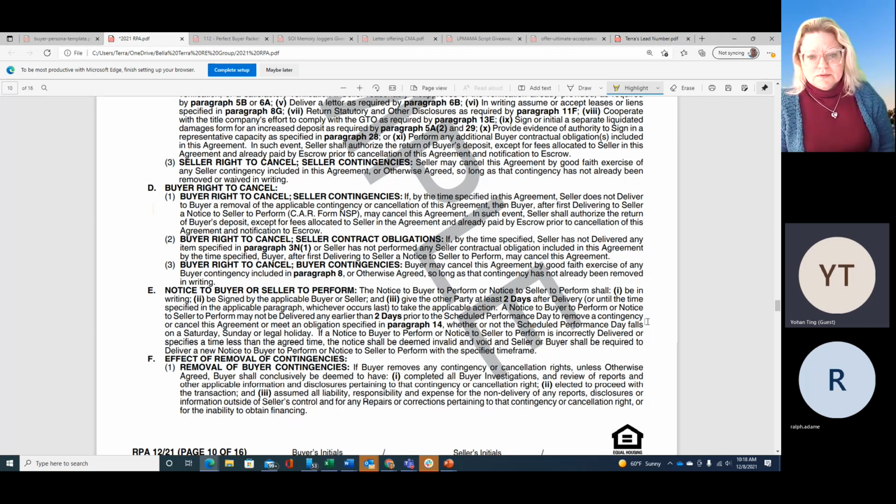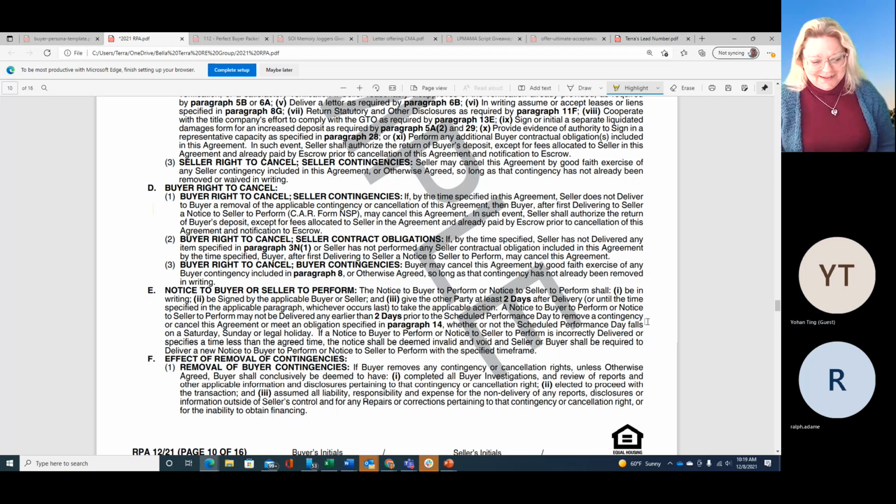Whether or not the scheduled performance day falls on a Saturday, Sunday, or legal holiday, if a notice to buyer to perform or notice to seller to perform is incorrectly delivered or specifies a time less than the agreed time, the notice shall be deemed invalid or void, and seller or buyer shall be required to deliver a new notice to buyer to perform or notice to seller to perform with a specified time frame.